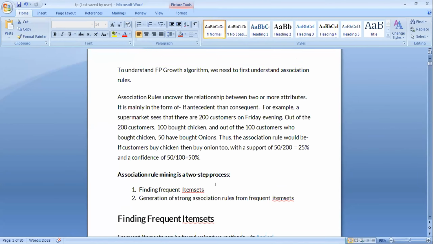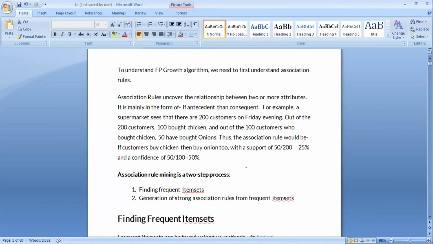For example, whenever you go to a supermarket, there will be 200 customers on a particular day. Out of 200 customers, 100 people bought one item and 100 people bought another item. So 50 people bought the other item too.